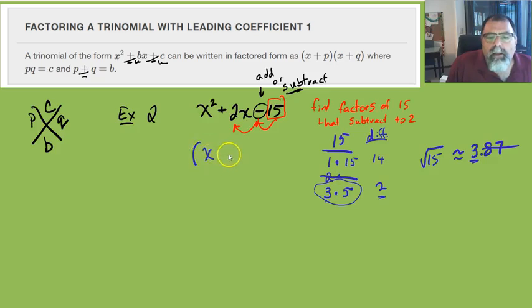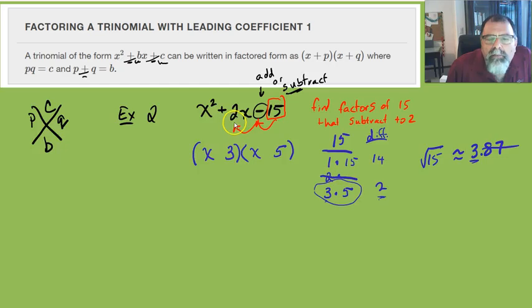So I'm going to do x, and I don't put in signs yet. Here's the way I do my signs. I go back to my rules of adding and subtracting positive and negative numbers to get a sum.